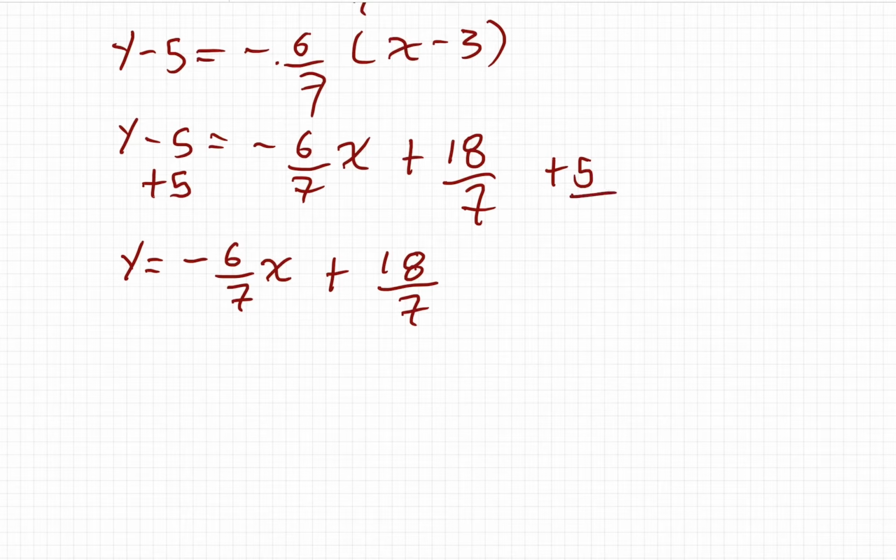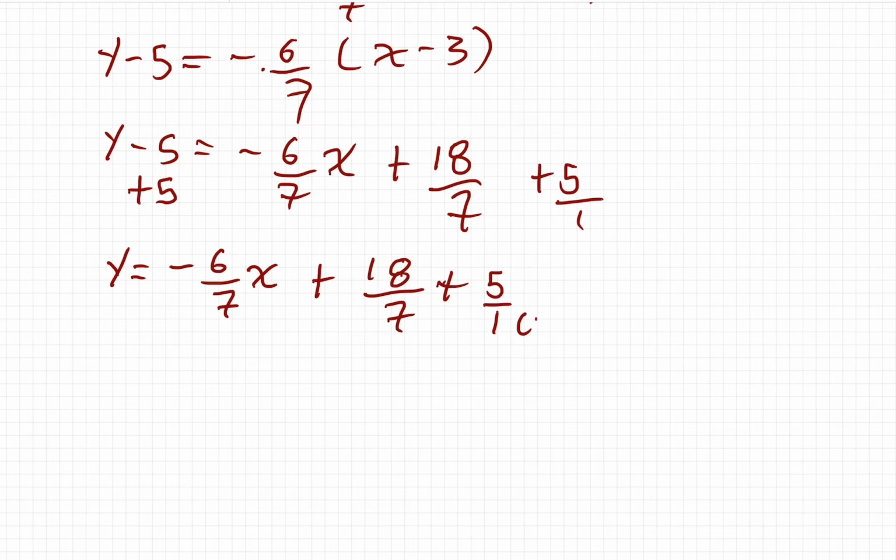We can always assume that any number can be divided by 1, which 5 divided by 1 is just 5. So with that in mind, we can turn that 5 into a fraction, 5/1. Since we want to add it to this 18/7, we multiply by 7 in the denominator and multiply by 7 in the numerator.